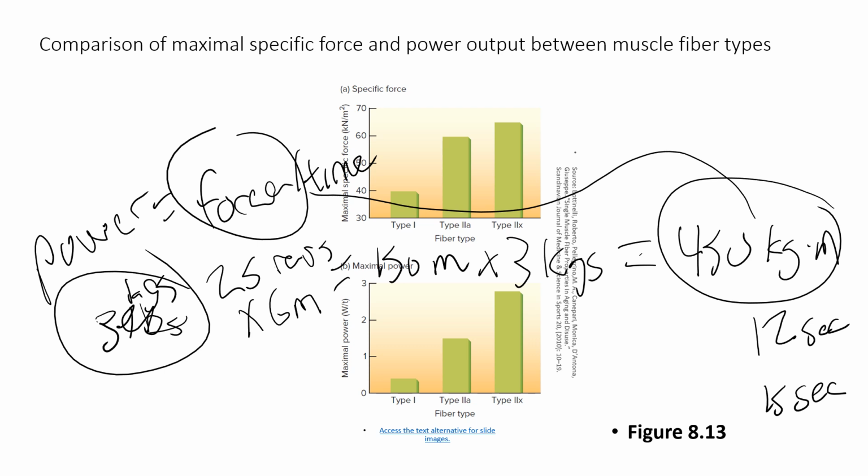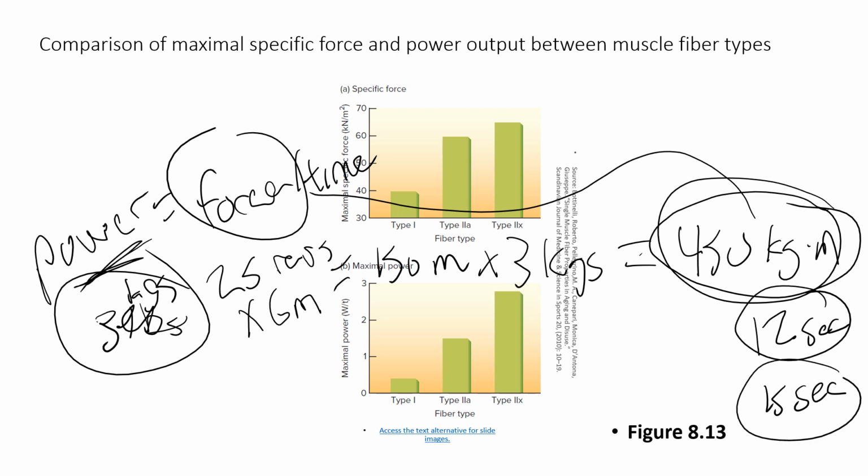Now we can actually look at power, because power is force or work over time. So in this case, you both still produced the same amount of force. You both still produced 450 kilogram meters because you both still did 25 revolutions against 3 kilograms of resistance. But it was timed this time. You completed it in 12 seconds and your clone completed it in 15 seconds.